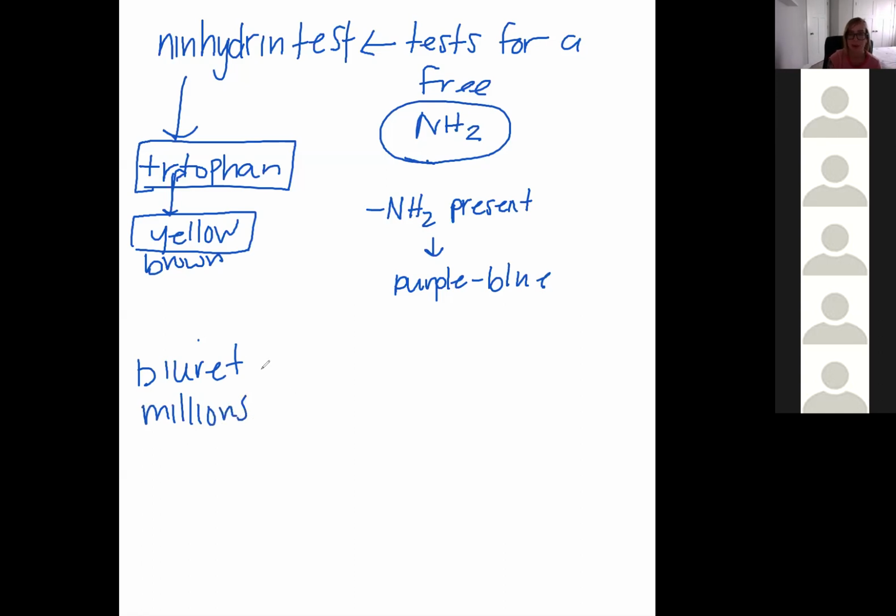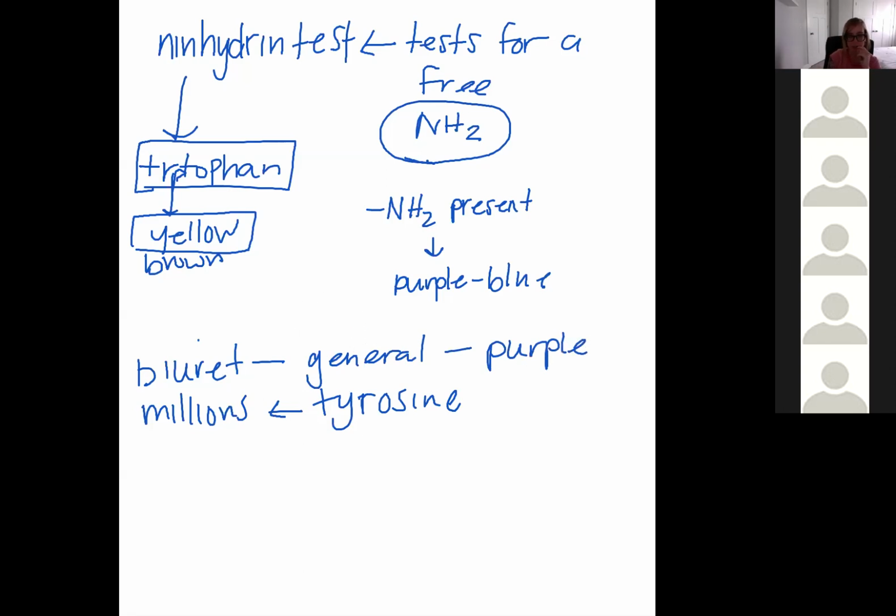So this test, the Millon's test, will test for specifically if tyrosine is present. The Biuret is just a general test. This test will just test for general proteins. Then this too will create a purple, right? And it'll react with copper sulfate.